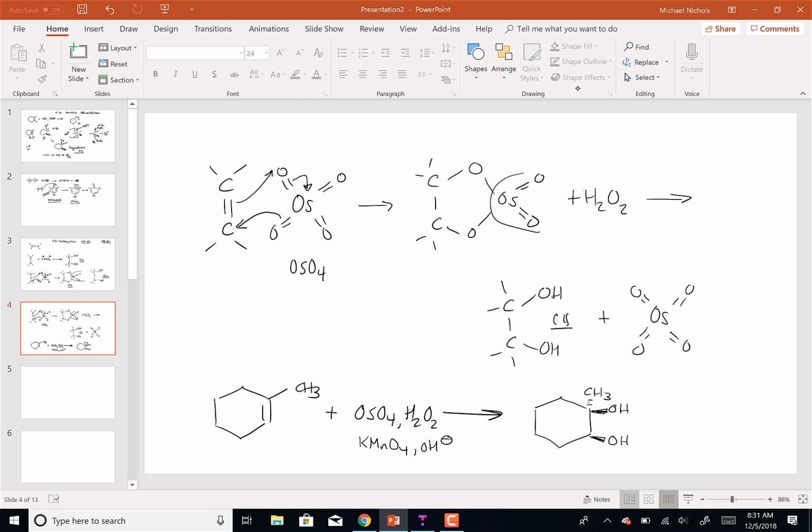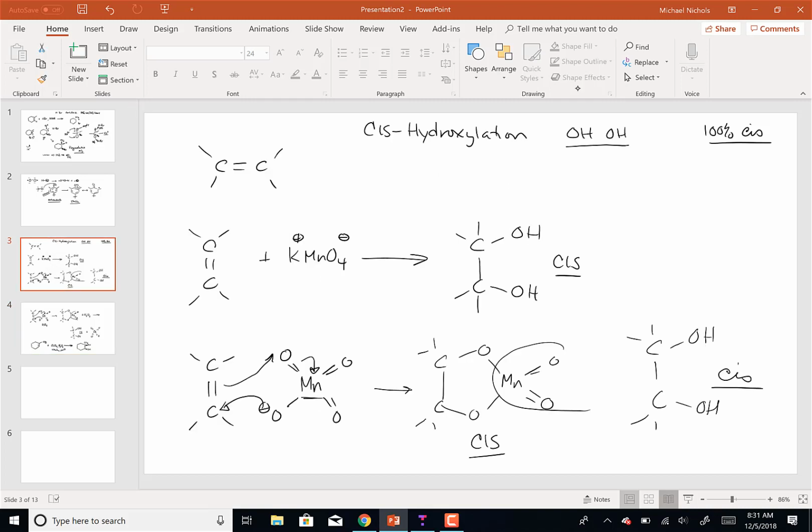I forgot that it's KMnO4 and base. So I should go back here. It's KMnO4 and OH minus. So it's the hydroxide that strips the manganese off over here.